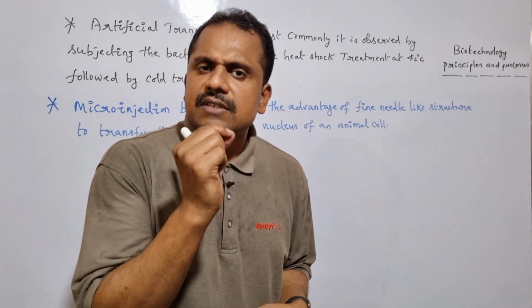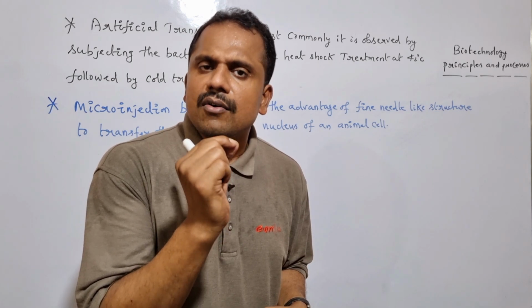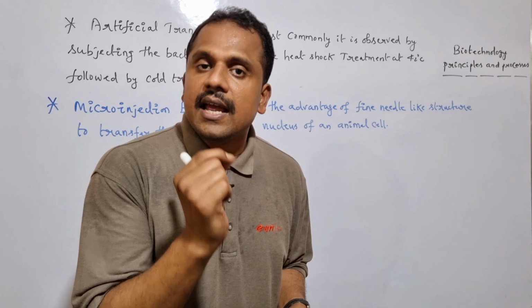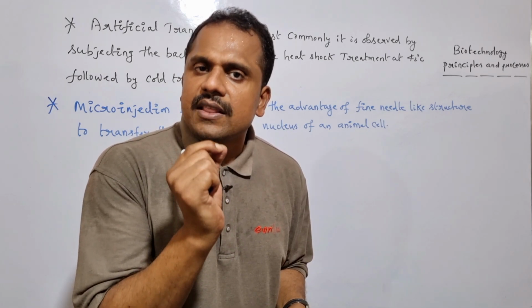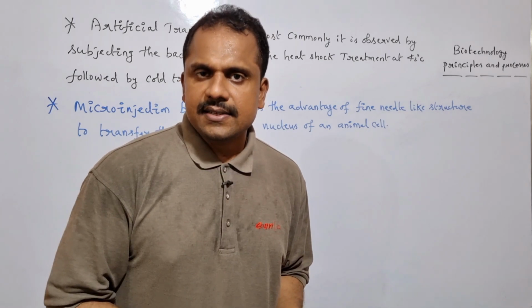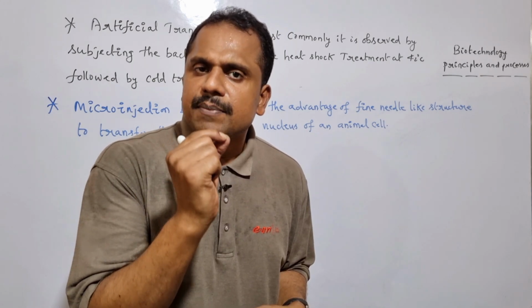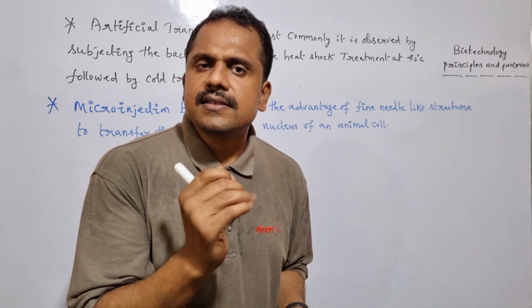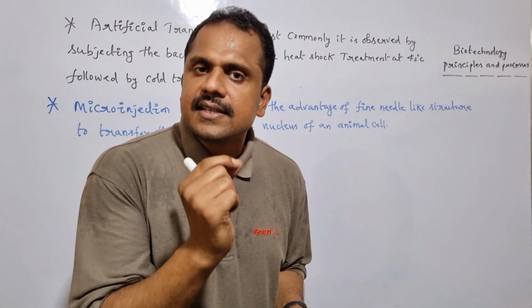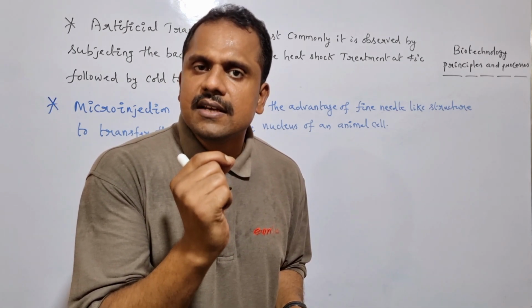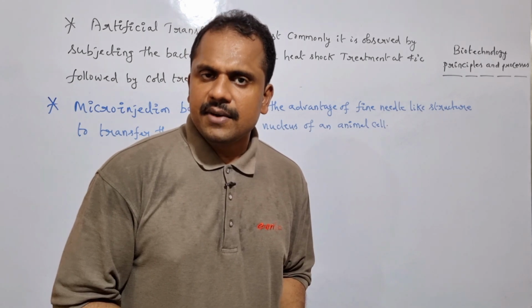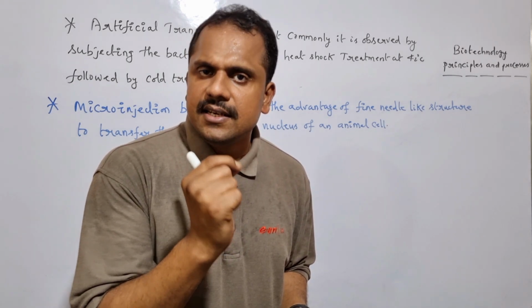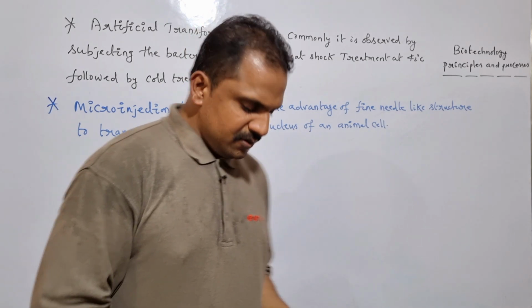So once the microparticles like gold and tungsten which are coated with DNA travel at higher velocity and bombard the specific biological cell, under such condition the DNA which is coated on the surface of the microparticles like gold and tungsten is successfully transferred into the nucleus of the biological cell. And it is termed as particle bombardment method or biolistic method or gene gun method. Is it clear? So let me write it here.